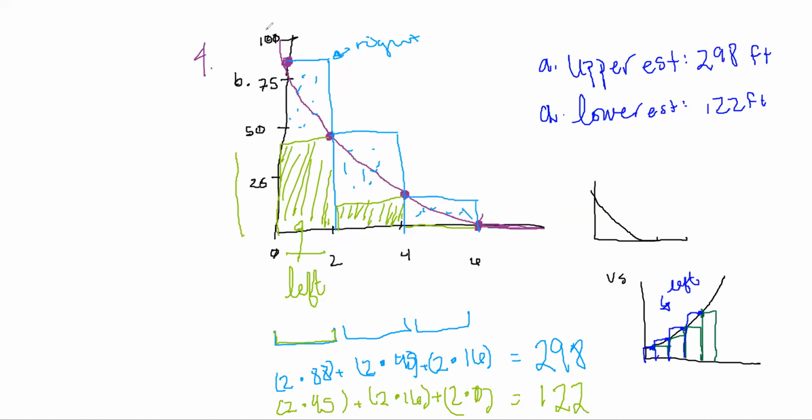Yeah, so what I'm saying is that right does not equal upper. It depends on the slope of the graph. And if you sketch it out, you can very easily see that this has an area that's above the curve, and it's going to go the entire time that the slope is positive.